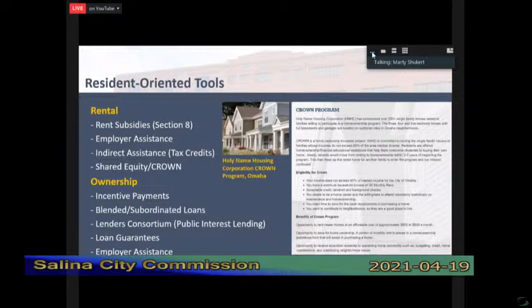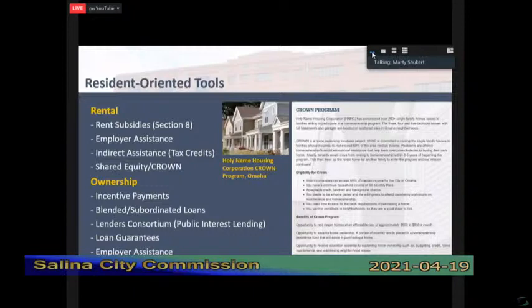This is another place where employer assistance to property owners or renters can enter into the picture as well, in terms of providing incentives for people to own or rent in the city.